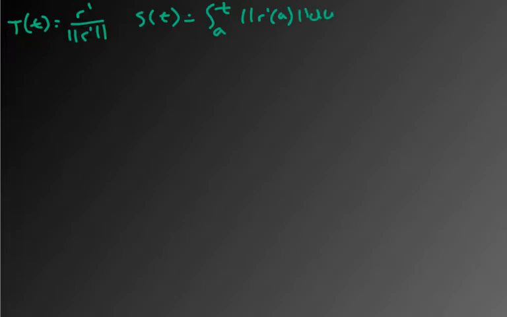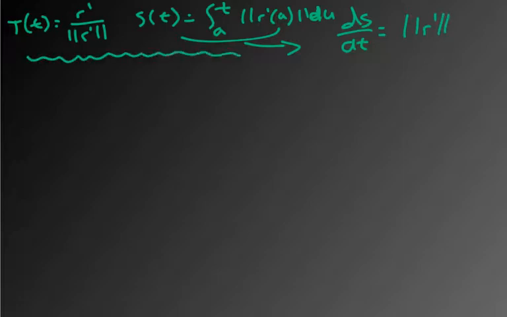That's another thing that we have. And from this, we talked last time about if you take d/dt of both sides, then you would get that ds/dt is equal to the magnitude of r prime. These are just things I'm going to use along the way.